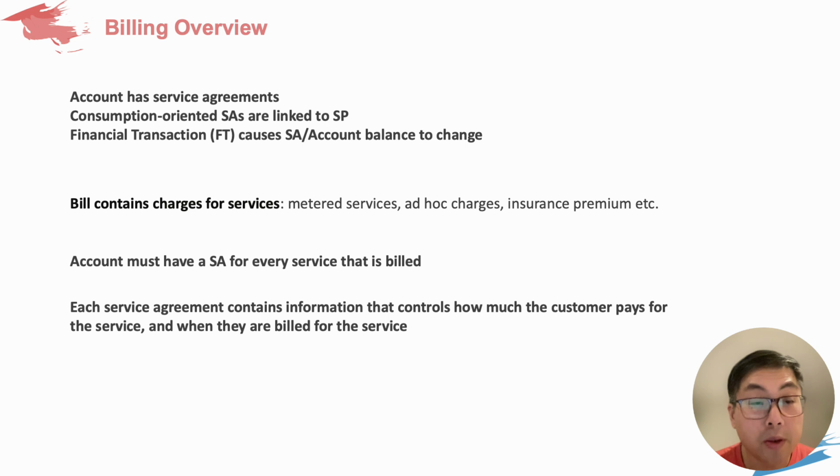So an account could have multiple live SA at one point, and when a bill is generated, one bill is generated for one account, but there are multiple bill segments generated for different service agreement based on the service agreement type. Okay, so this is quite important because we will need to explain how the bill is constituted and how the bill segment actually is generated.